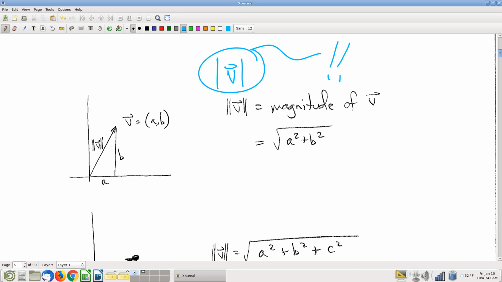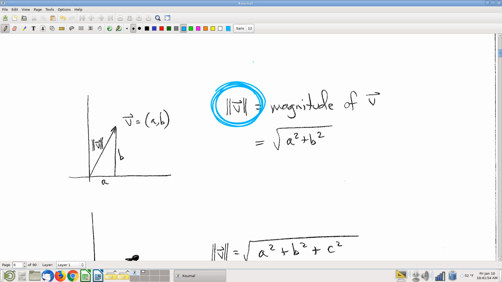So anyway, like I say, a lot of books like to use the single bars. I still don't. It just makes me feel better inside to have the visual reminder that, hey, by the way, I'm thinking of this as being a magnitude of a vector. So anyway, it doesn't matter. Take your pick. You can use either. Either is absolutely fine.